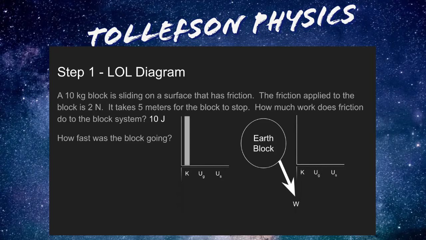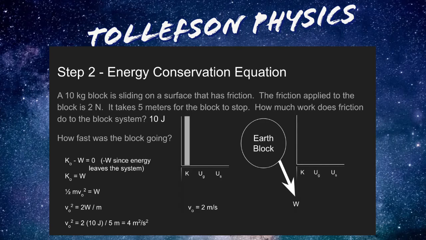So now use this diagram to come up with an energy conservation equation that will allow you to solve for the initial speed. Hit pause now and unpause when you're ready to see the solution. Alright, so in this particular case, the work is being taken out of the system. So I'm going to take that initial energy, which is kinetic energy, and I end up subtracting work because it's leaving the system.